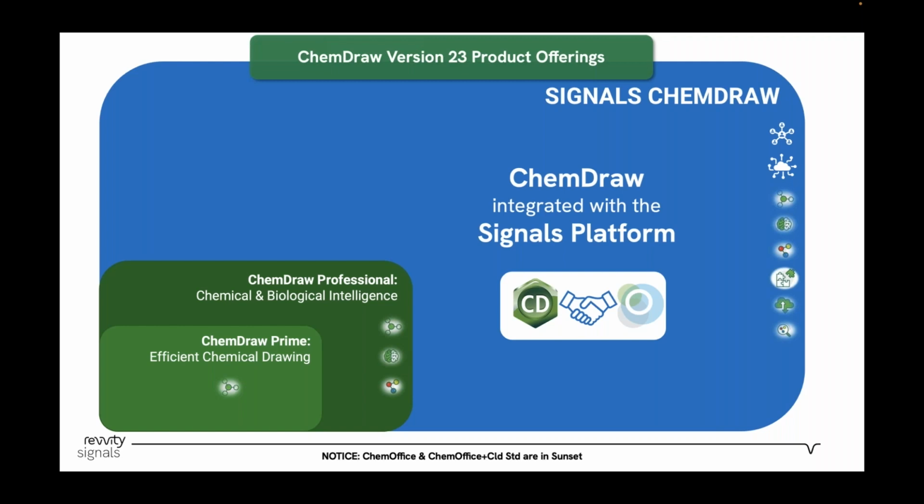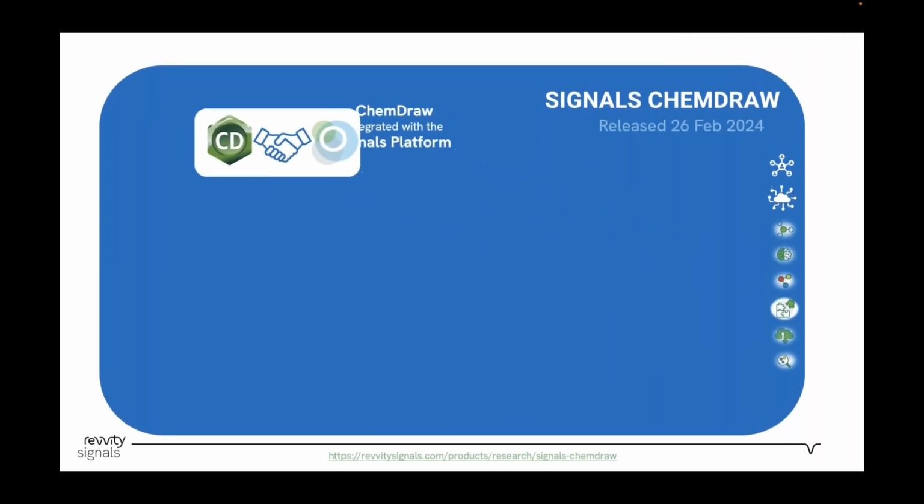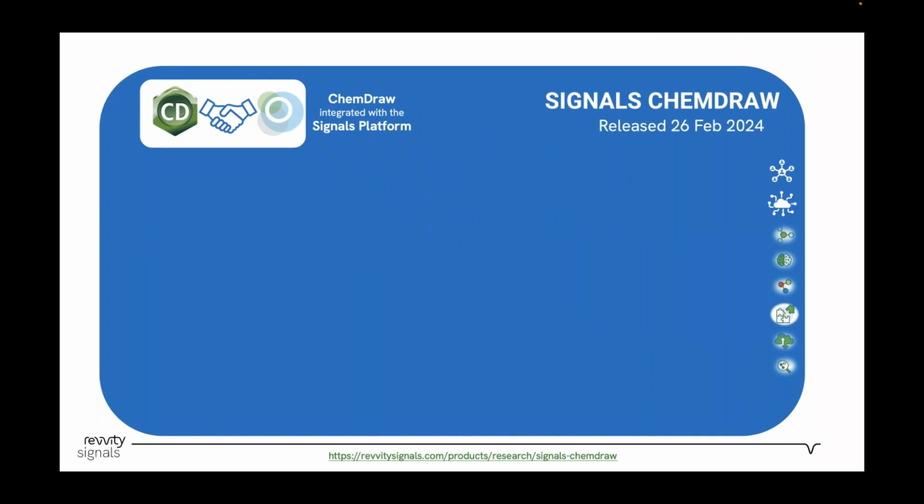With the launch of Signals ChemDraw, you may have also seen that we announced the sunset of ChemOffice. ChemOffice will become end of life in March of 2025. Not to worry though, you can think of Signals ChemDraw as the next evolution of ChemOffice.